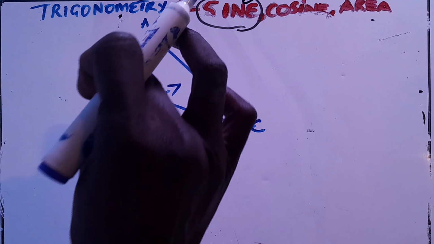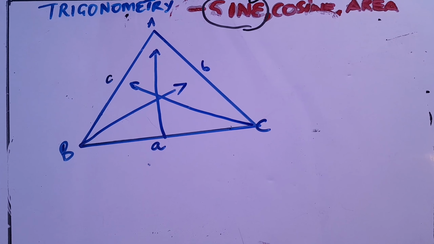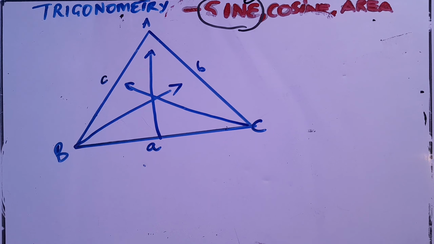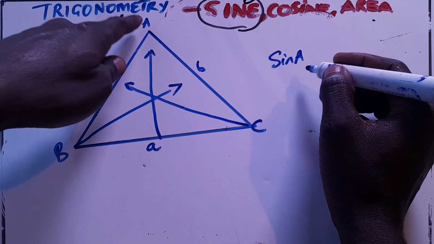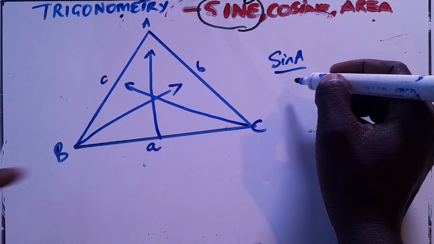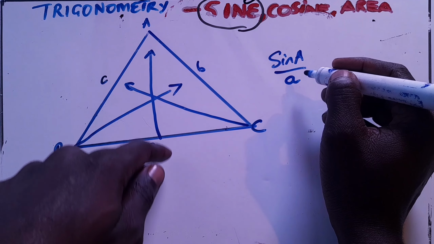We are going to take the pairs of any information that is given, which gives us our formula, or our equation. So sine of this angle here should be over the side that is opposite to this angle. Can you see that?